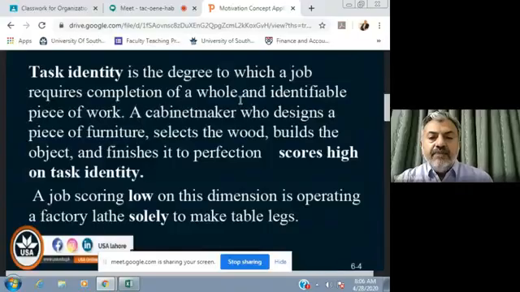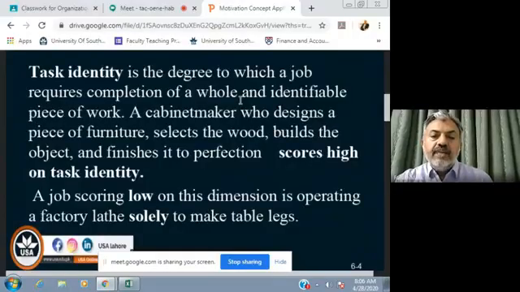The cabinet maker who designs a piece of furniture, who makes different types of furniture, and he selects the wood, then builds the object and finishes it to perfection, scores high on task identity. You have given that carpenter, a cabinet maker, a task that you have to build a cabinet before the evening finishes.